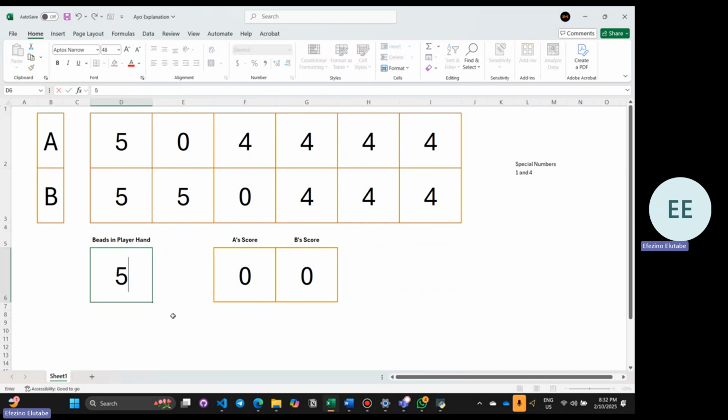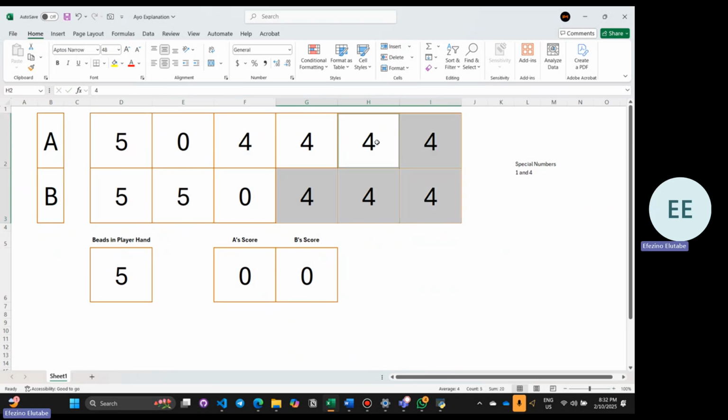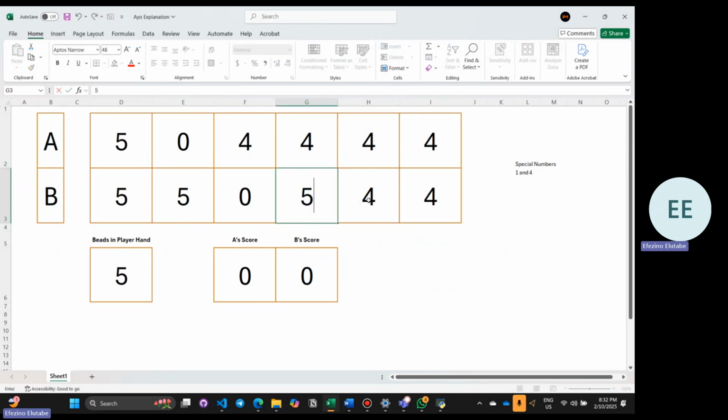It doesn't matter whether it's on the opponent's side of the board; as long as it's not a special number, you take it and continue distributing. So I take those 5, and for the next 5, 1, 2, 3, 4, 5, I distribute. So this becomes 5, 5, 5, 5, 5, and I'm done distributing. I stopped on 5 again.